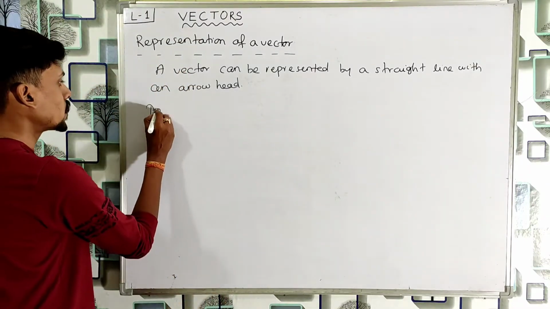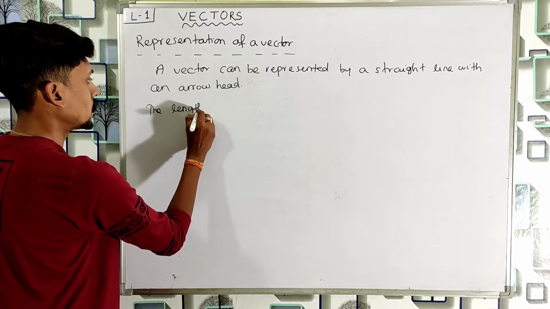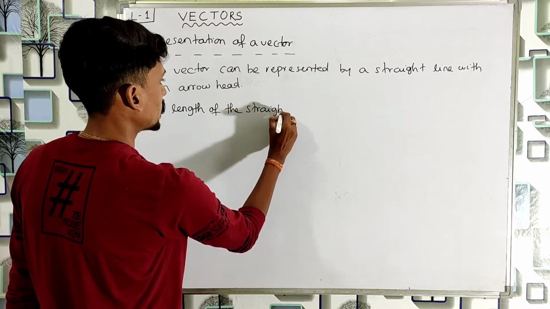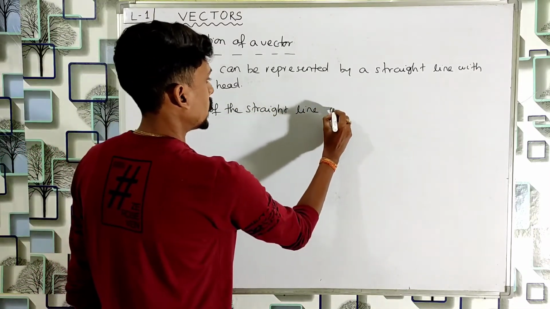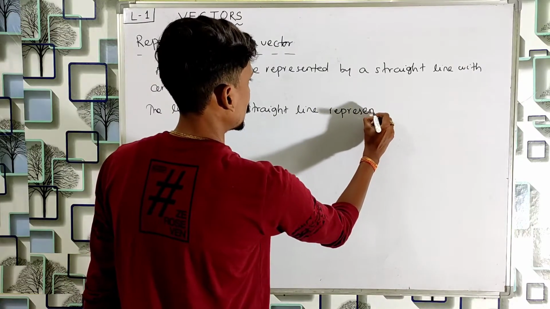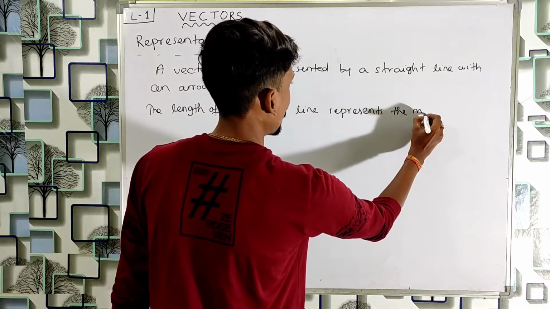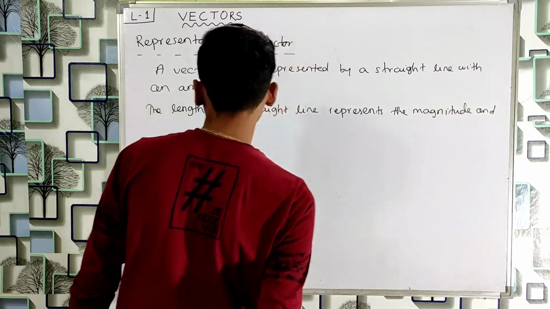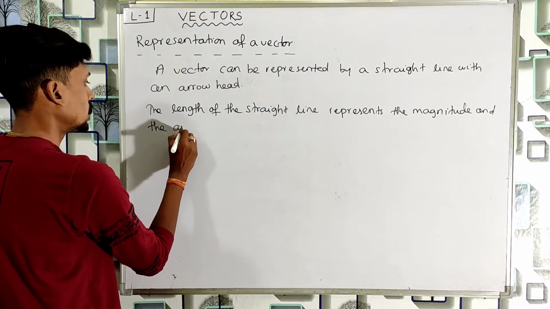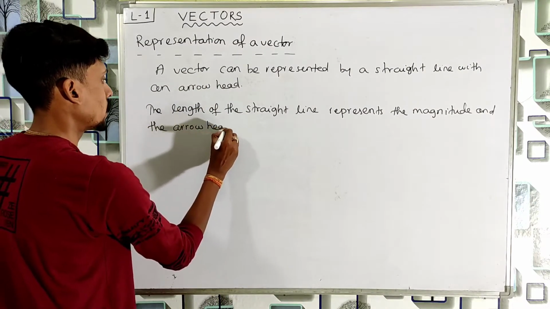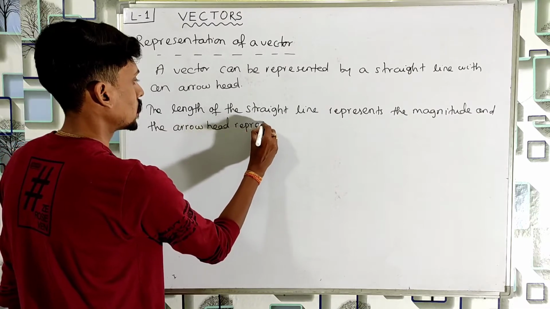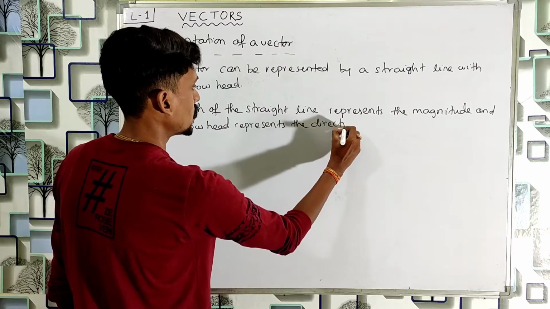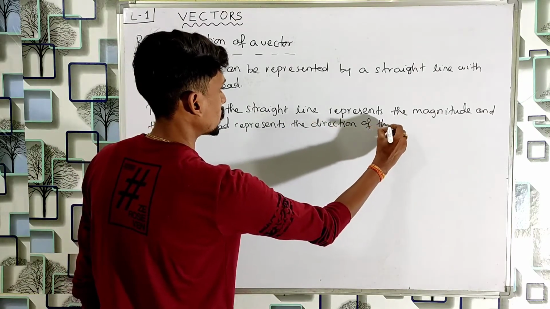The length of the straight line represents the magnitude and the arrowhead represents the direction of the vector.